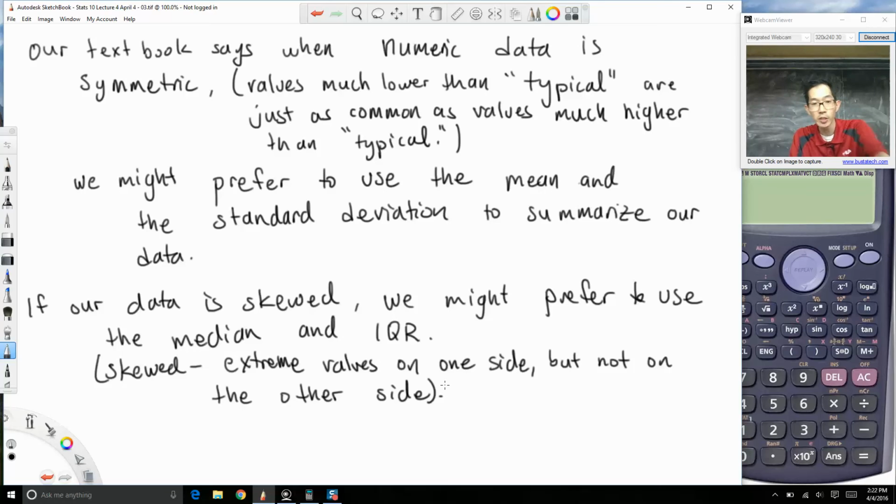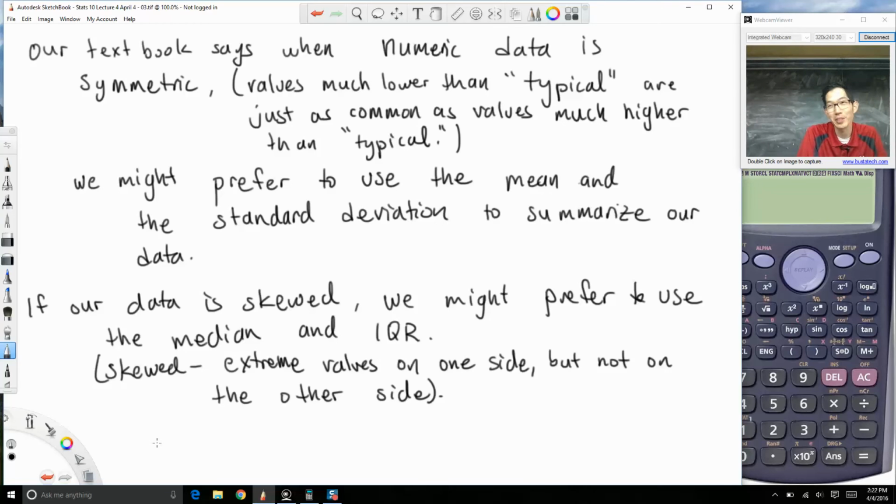But the truth is that the mean and the median, the standard deviation and the IQR, can be used for any set of data, whether it's symmetric or skewed. It's just that certain aspects of these might make them preferable for certain situations. You might prefer a big car if you're going to do a lot of shopping, but can you go shopping in a coupe?